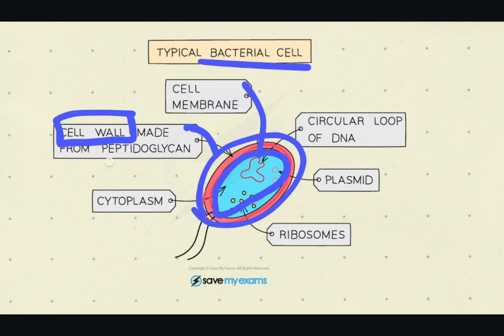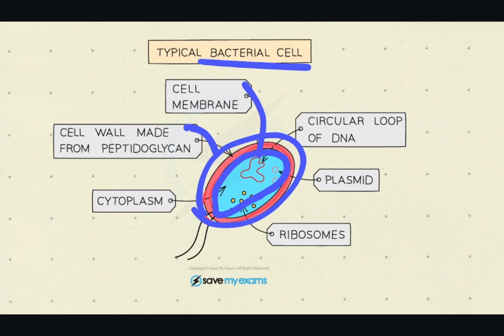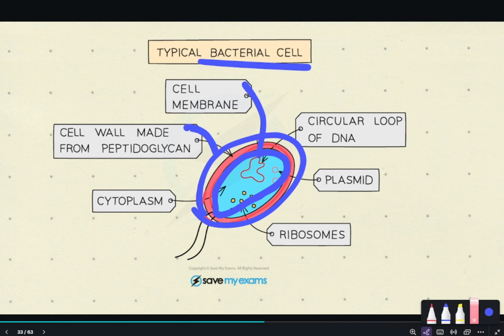This cell wall is not made up of cellulose. This cell wall is not made up of chitin. It's actually made up of a substance known as peptidoglycan. Remember this word, that their cell wall is made up of peptidoglycan and not cellulose and not chitin.